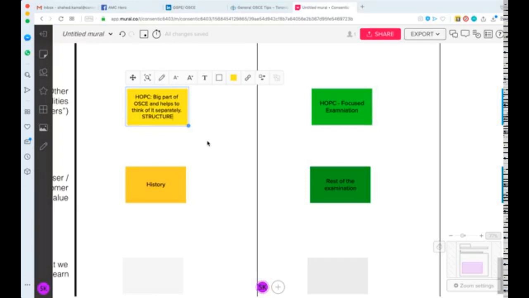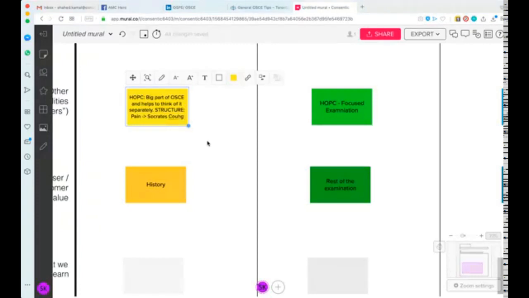This is important: not as a diagnosis, not as lung cancer or COPD. You should think of each symptom, and how you are going to ask your history of presenting complaint questions. For example, if I've got pain, that's usually simple, you do SOCRATES: site, onset, character, radiation, associated symptoms, exacerbating factors.